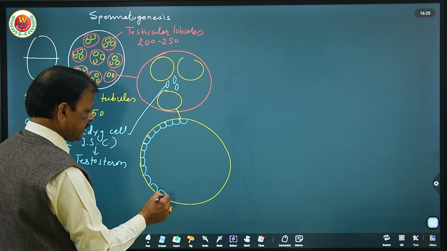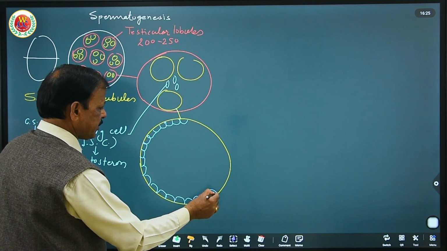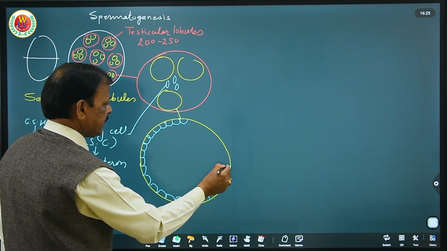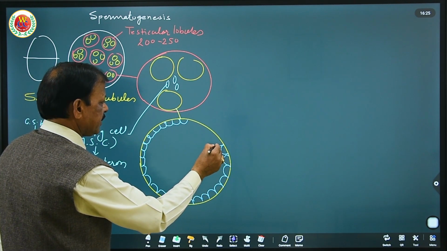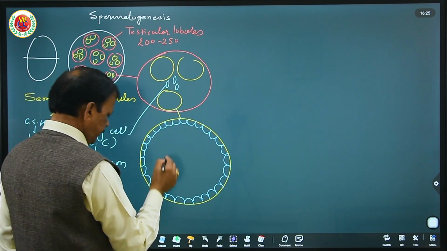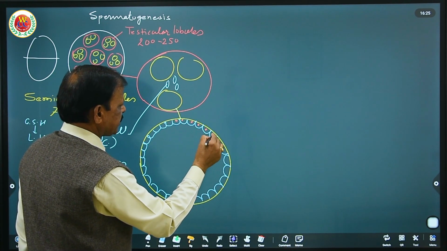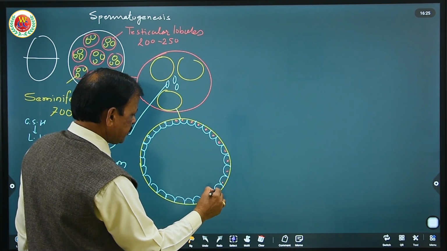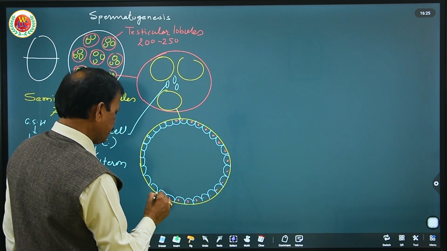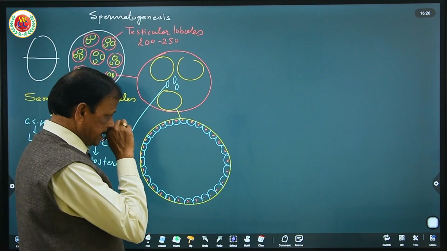An individual one is called a spermatogonium, and they begin to undergo spermatogenesis during the period of puberty. Each spermatogonium undergoes meiosis 1 and meiosis 2, which is called gametogenesis, spermatogenesis.